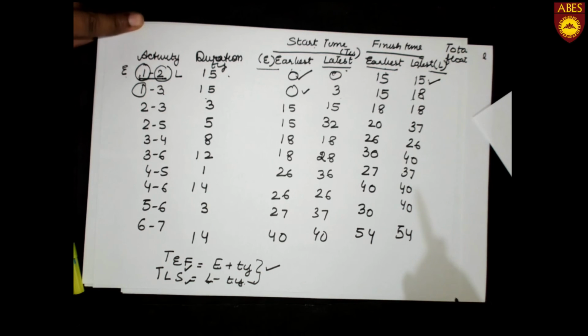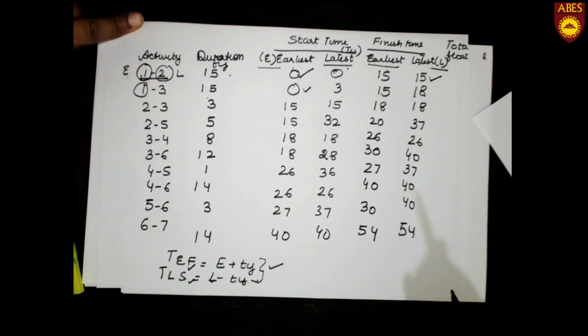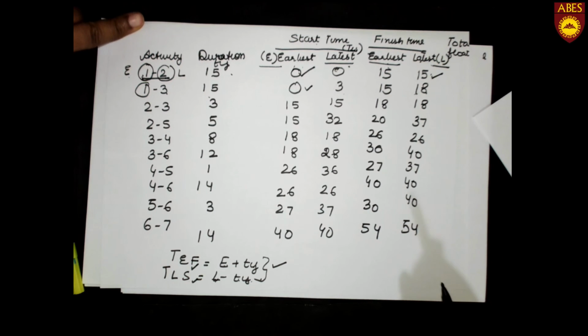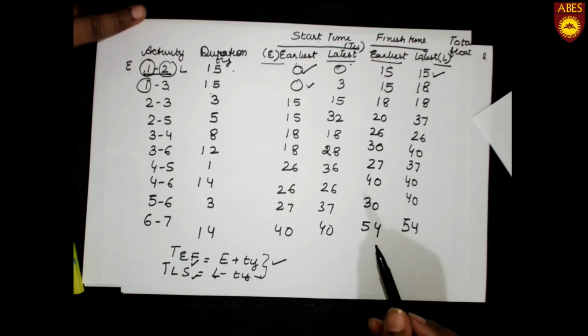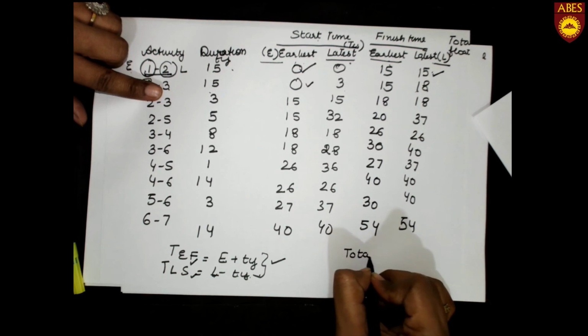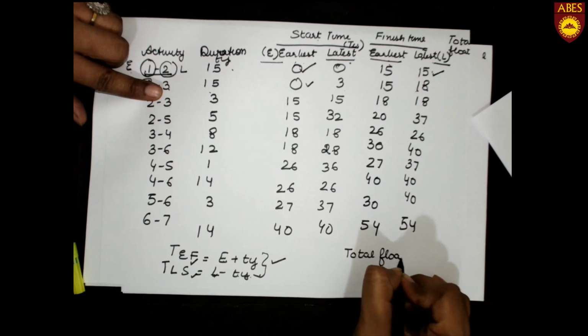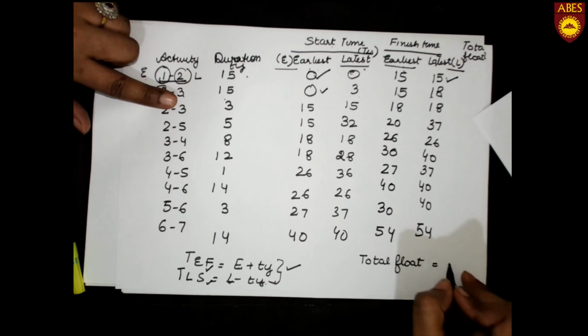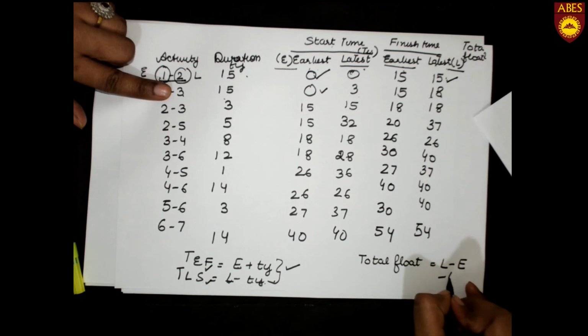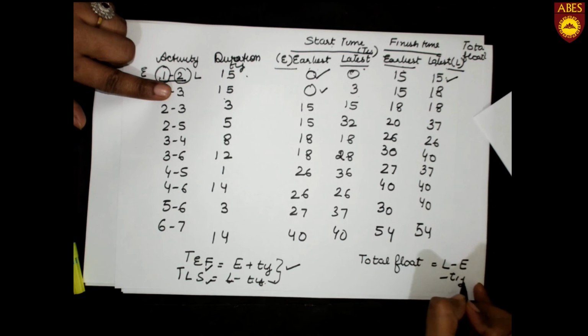As I have told you, total float is the difference between the maximum time available to perform the activity and the activity duration. So total float will be latest time minus earliest time minus the duration, Tij.